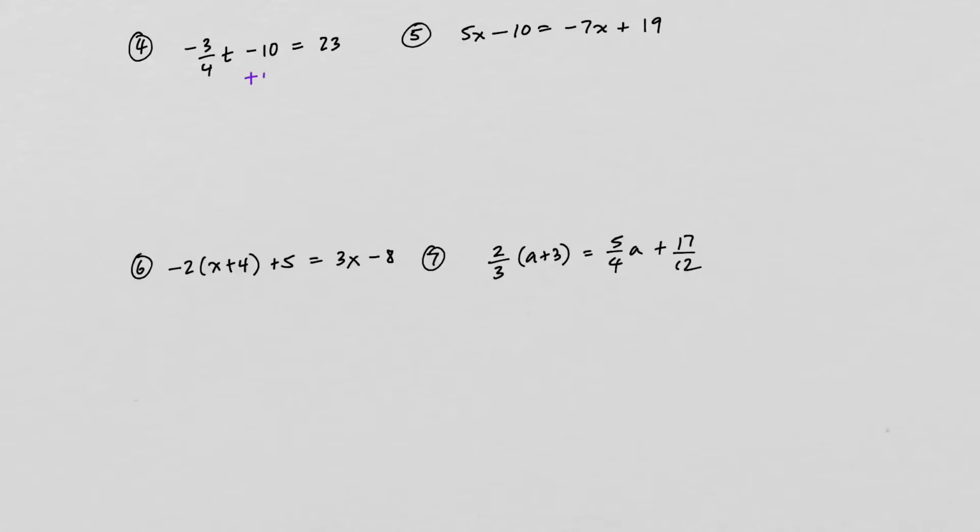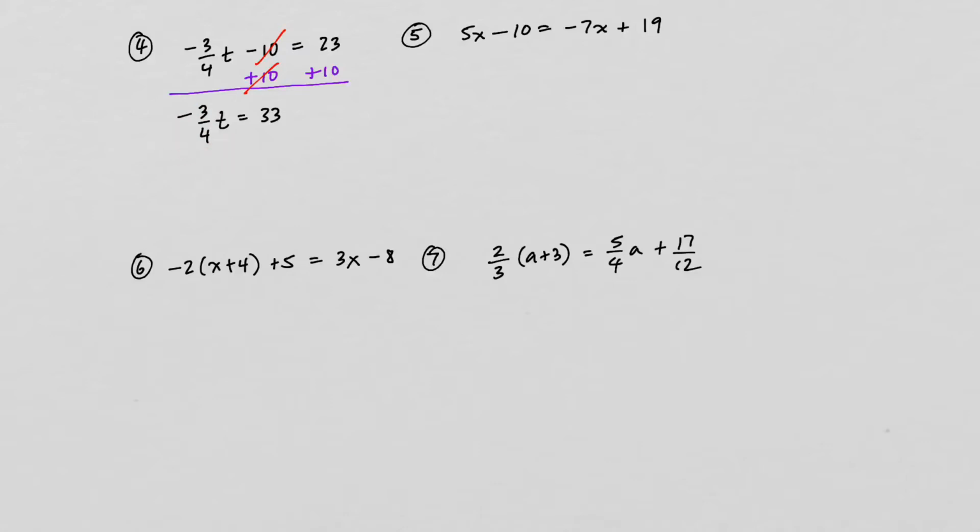I'm going to add 10 to both sides. And this will give us cancellation here. And then we have negative 3/4 times t is equal to 33. Now the key point to make is that when a variable is multiplied by a fraction, the way you get rid of that fraction shouldn't be by dividing by a fraction.